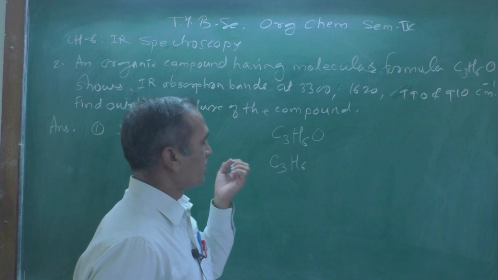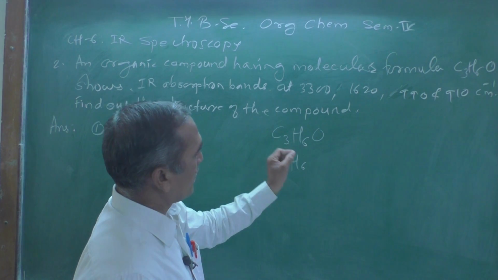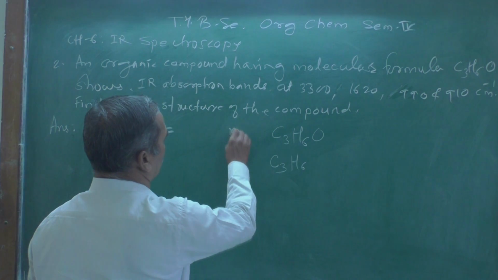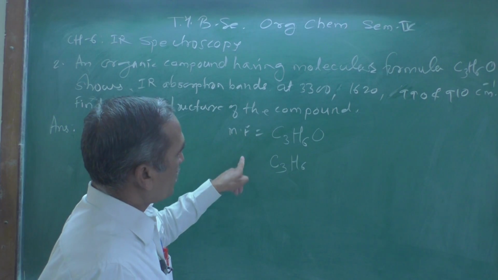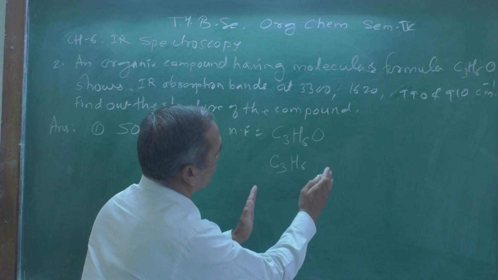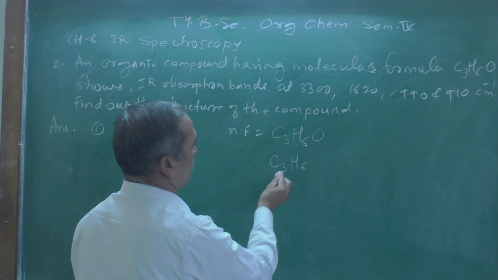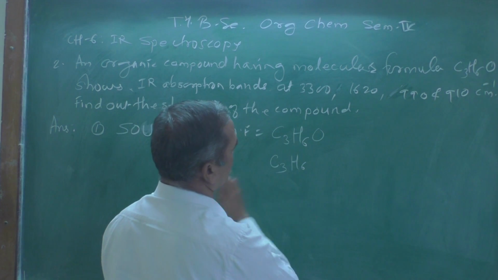What I did here, I have neglected the oxygen atom. This is the molecular formula given, and according to the first method I neglected the oxygen atom and got the molecular formula C3H6.